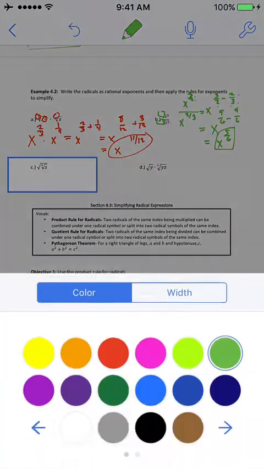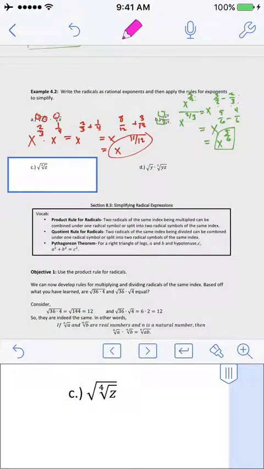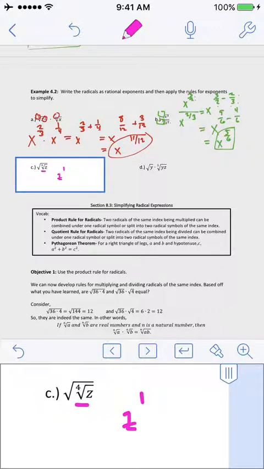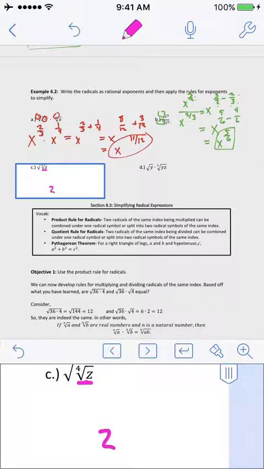Let's do another one. Double radical, always fun. Let's convert one at a time. Let's start with the little radicand underneath. I've got z to the 1/4, right? So the little radicand is going to be z to the 1/4.